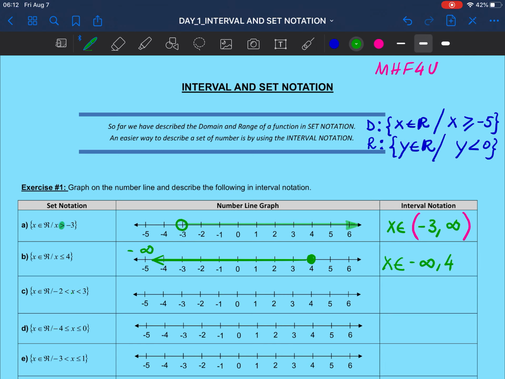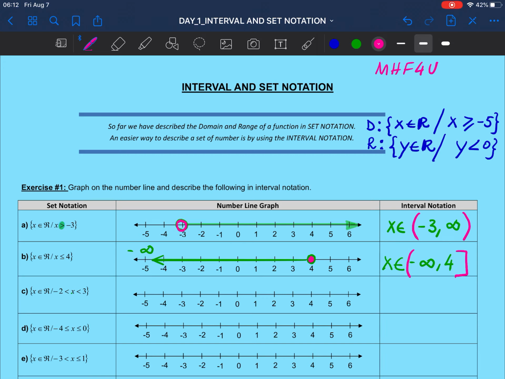Now around negative infinity or positive infinity, we always have round brackets. Because number 4 this time is included in the set of numbers, we use the square brackets. So the square brackets indicate that the number is included in the set.